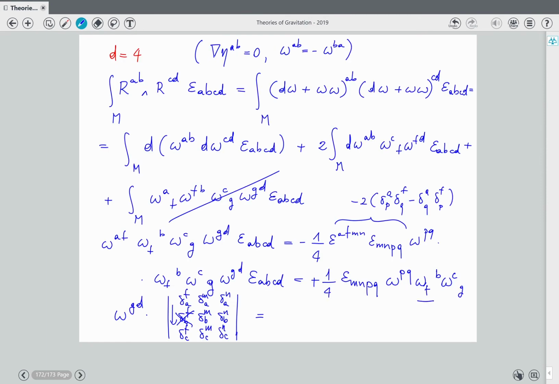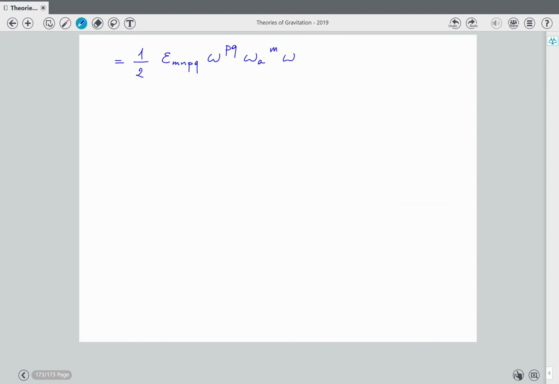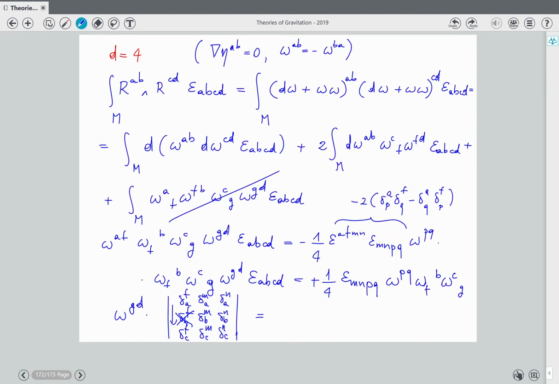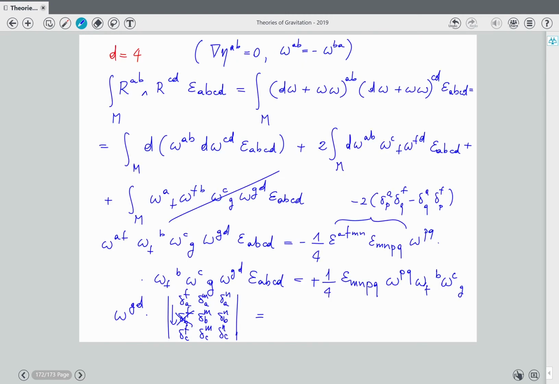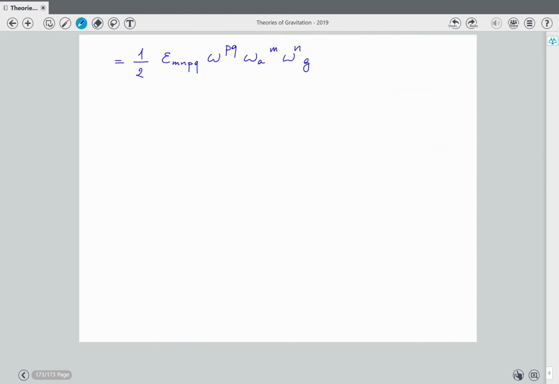Omega FB becomes omega AM. Omega CG becomes omega NG. And the other one is omega GD. Totally wrong, because the contracted index is A and the indices here are B, C, and D. So we have to start over.